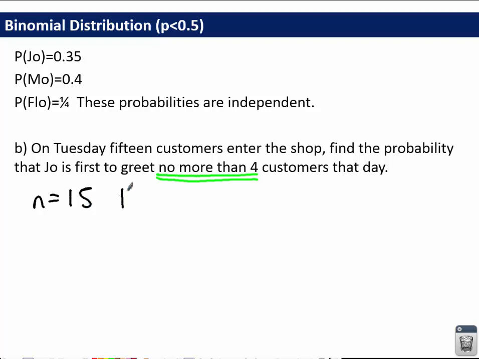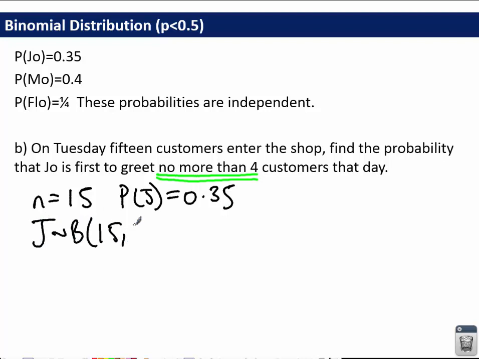The probability of Joe greeting a customer first is 0.35. So, we need to acknowledge this is a binomial distribution and let the examiner know. So J is binomially distributed, 15 trials, and the probability of it occurring 0.35.